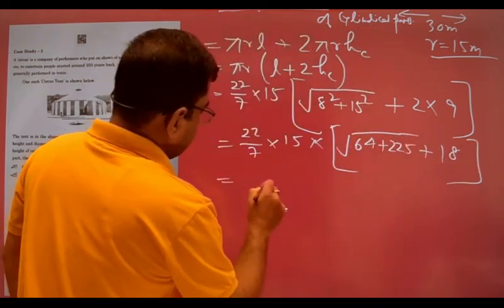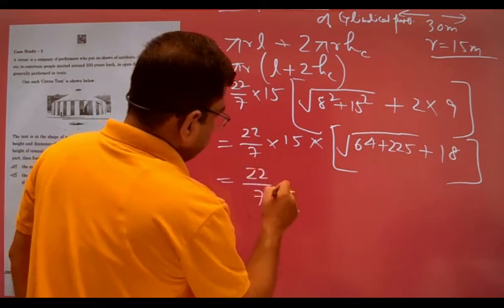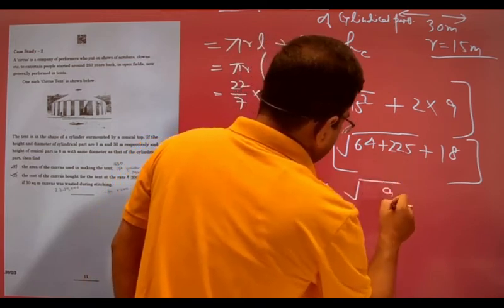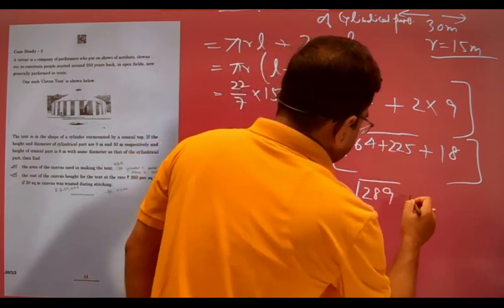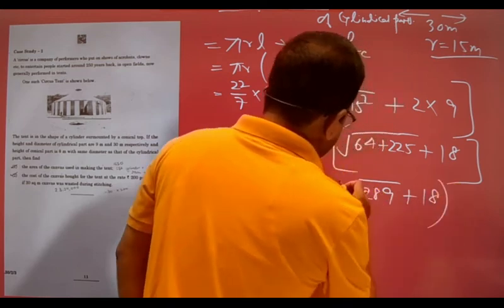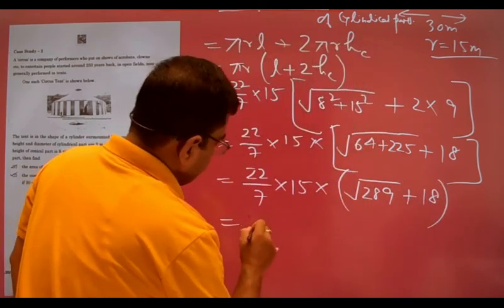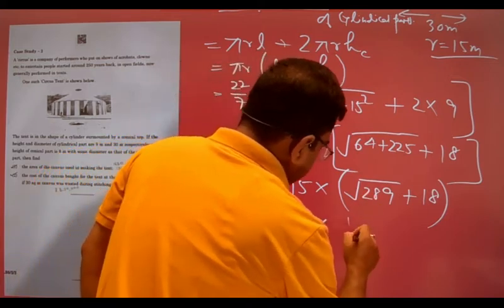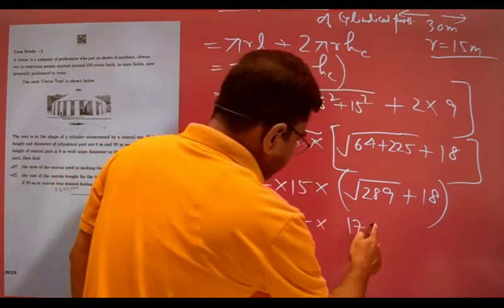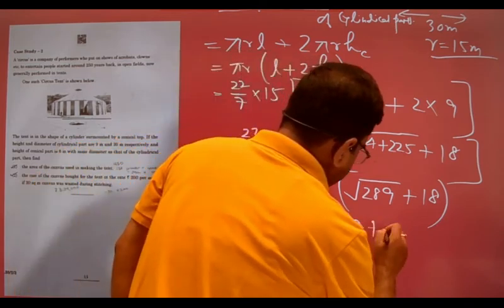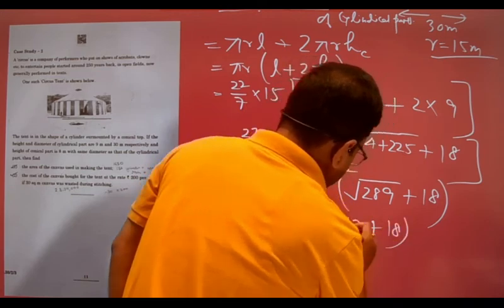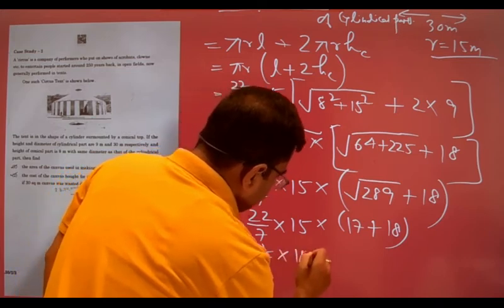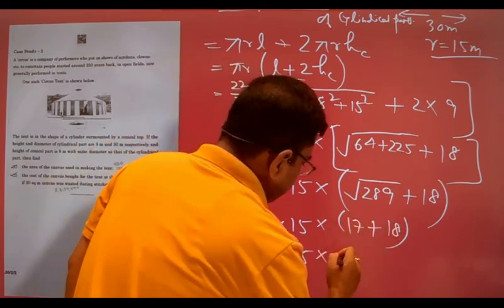So this is equal to 22 by 7 into 15 into the root over 289. The root over 289 is 17. So 22 by 7 into 15 into 17 plus 18, the square root of 289 is 17. So here 18 plus 17 equal to 35.